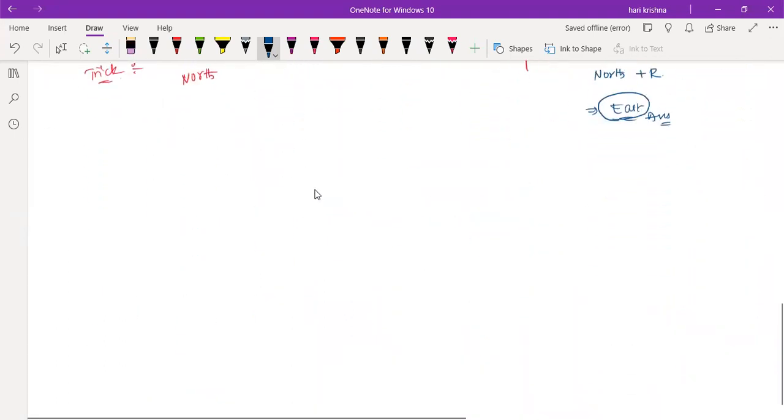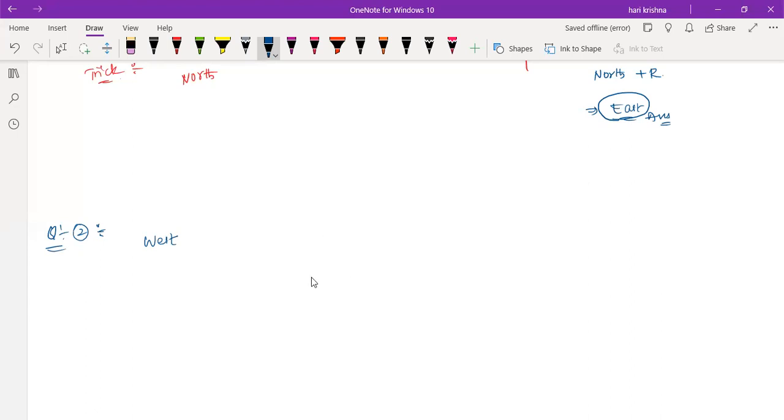Now, next question in the same method. Suppose the person starts moving in the west direction.